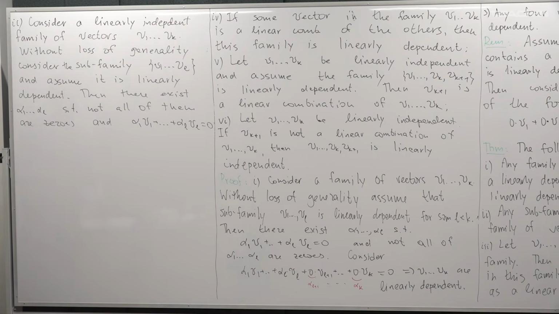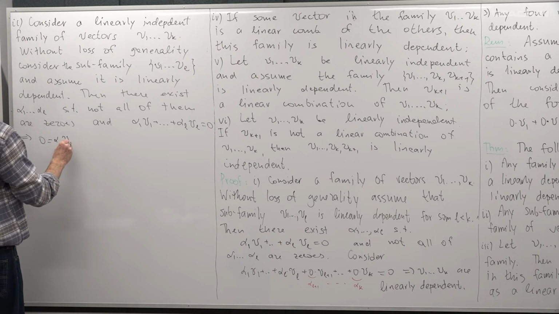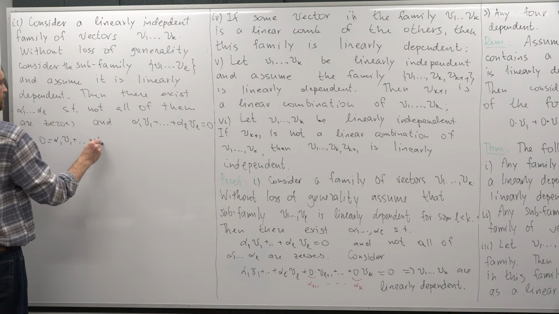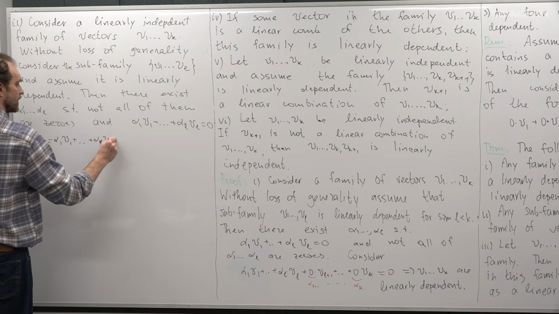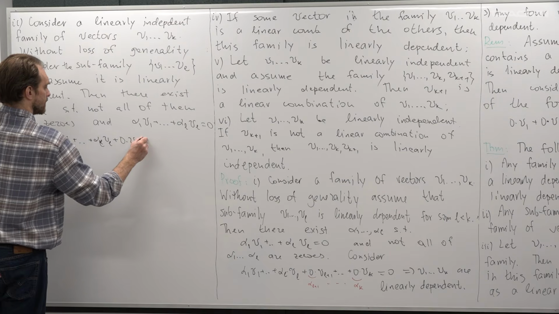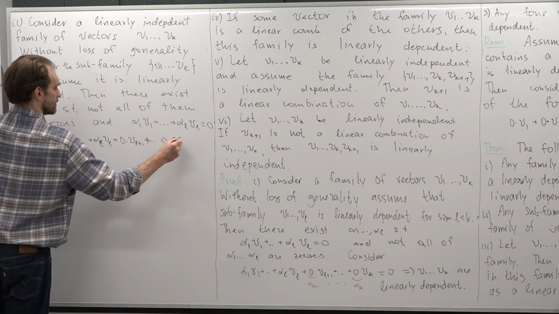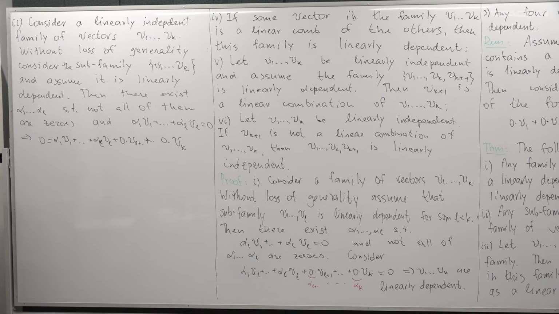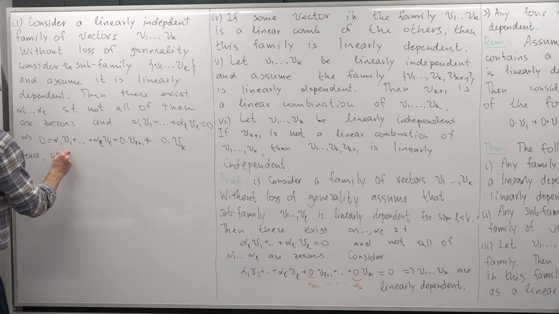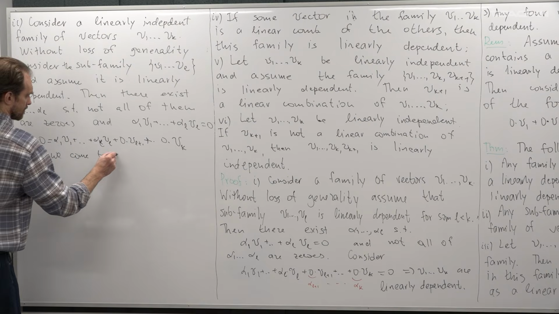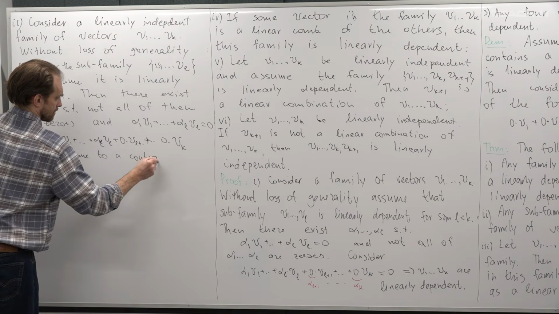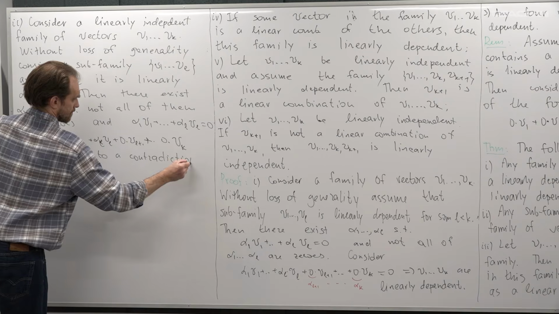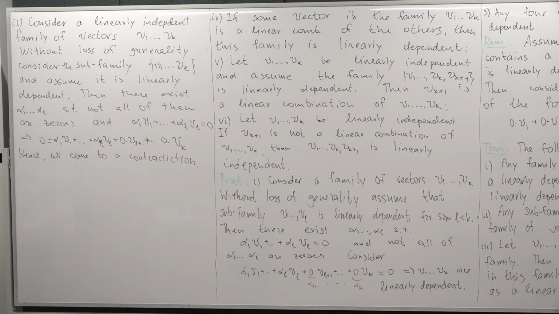So exactly as in the previous case, it follows that 0 equals alpha 1 times v1 plus etc. plus alpha l times vl plus 0 times vl plus 1 plus etc. plus 0 times vk. And so we come to a contradiction. So this proves the second part of our statement.